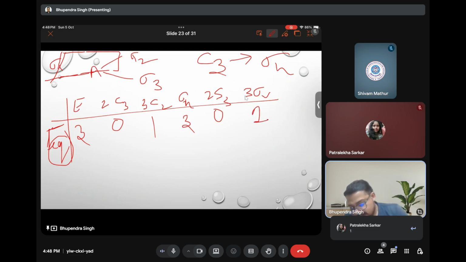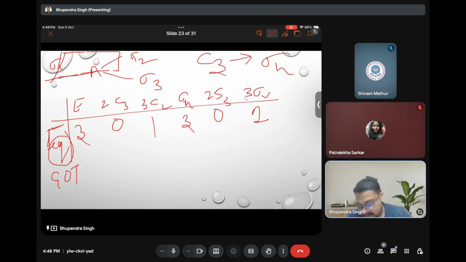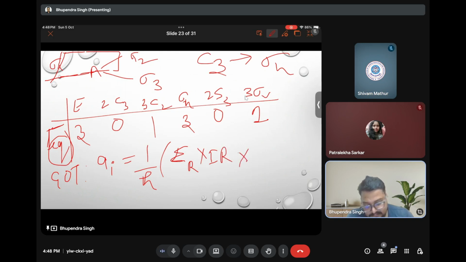Now according to that, you have the great orthogonality theorem. You have that formula: a_i equals 1 by h, summation over the irreducible representation, chi.